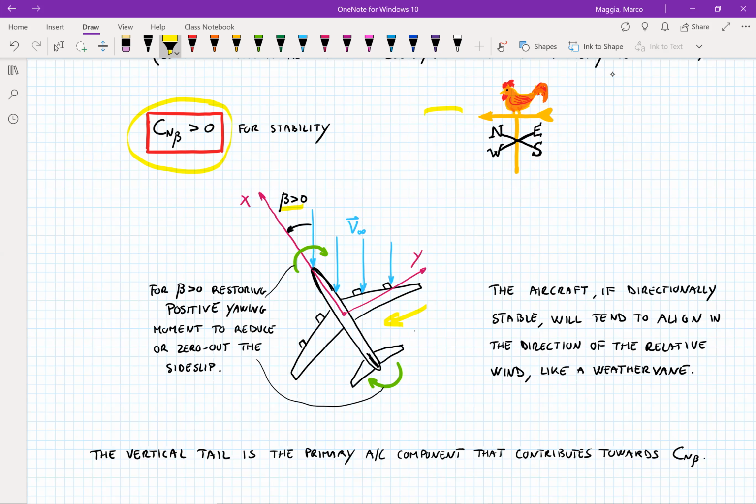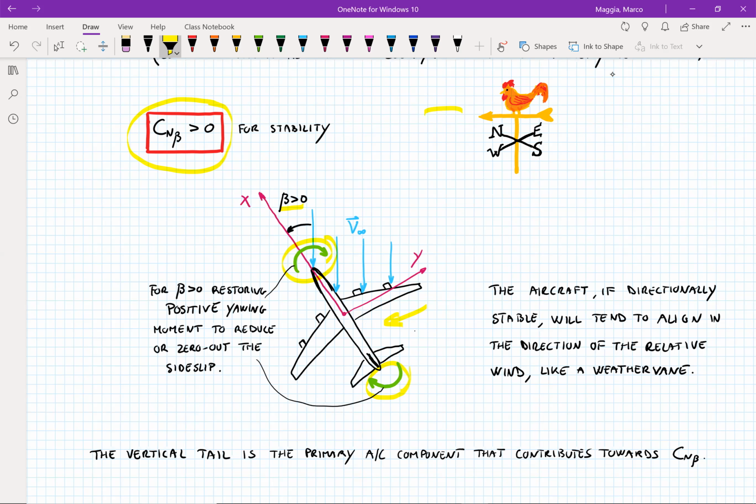And in order to cancel out or reduce the side slip, we need the airplane to react so that it produces a positive yawing moment. And that is the condition so that there is stability.